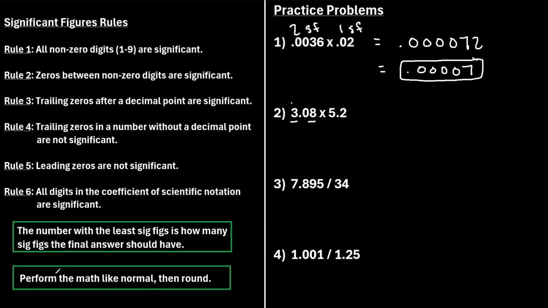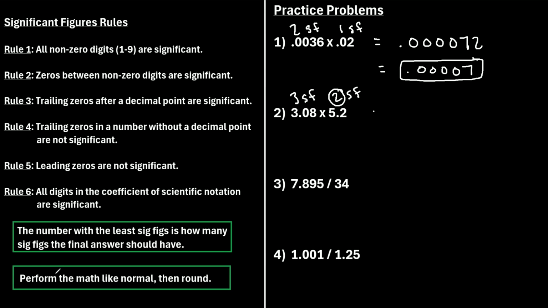So since this 0 is between 2 non-zero digits, it is significant. So this value, 3.08, all 3 of these digits are significant. So let's write 3 significant figures. Then for the 5.2, both the 5 and the 2 are significant, so that has 2 significant figures. So let's write 2SF. So in our final answer, we're going to make sure that our final answer only has 2 significant figures.